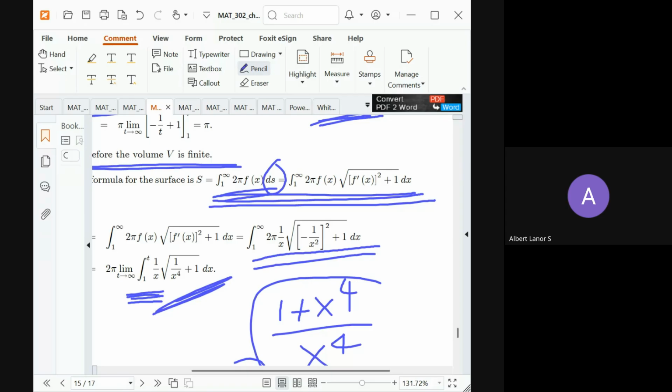That would be ds. That is how to convert it. So you have 2 pi f times the ds, but the ds, you know from advanced algebra, will be the square root of f prime squared plus 1 dx. Surface area.